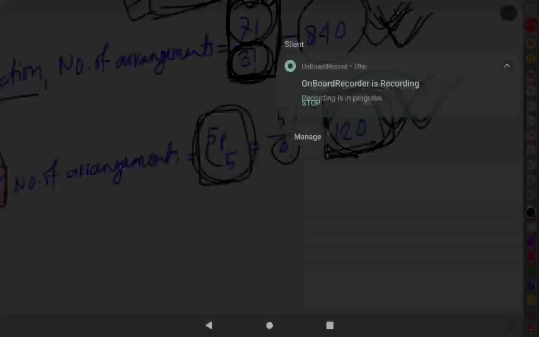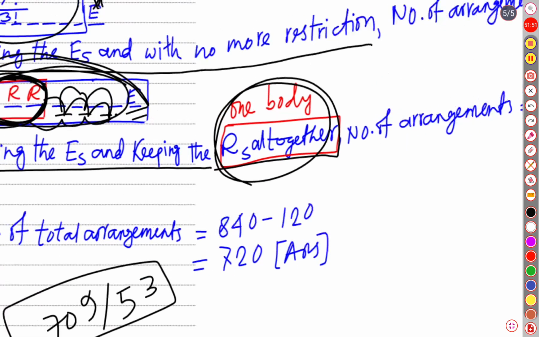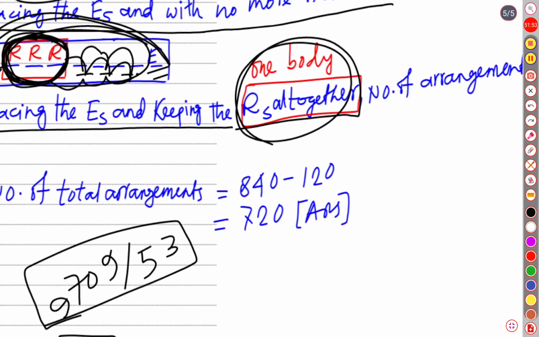So from 840 arrangements, if we subtract when r's are together, then that will be the remaining one. The difference will be the number of arrangements if they are not all together. So what should we write? Number of total arrangements is equal to total 840.